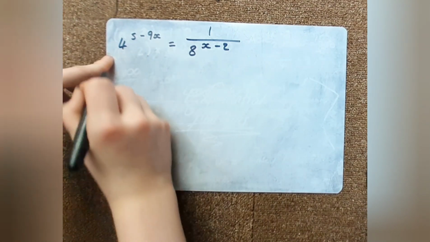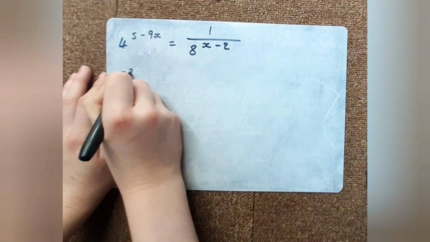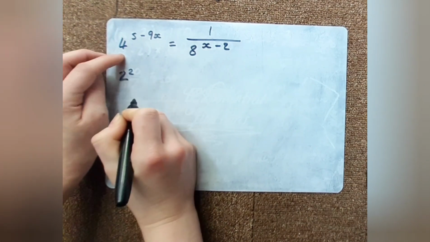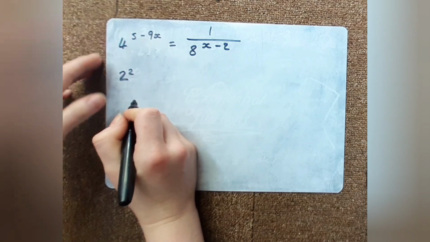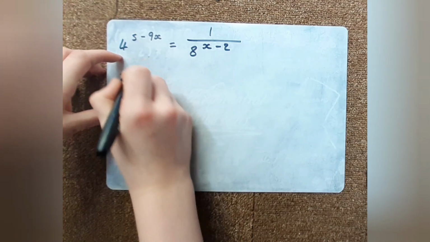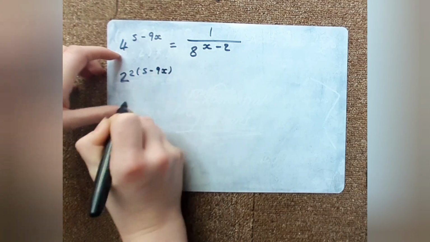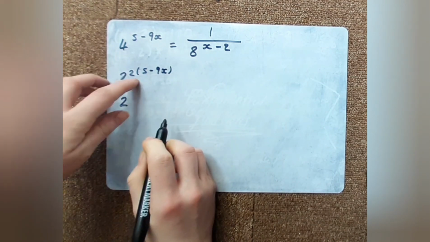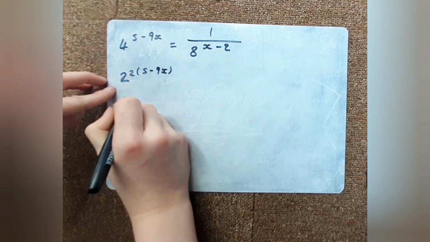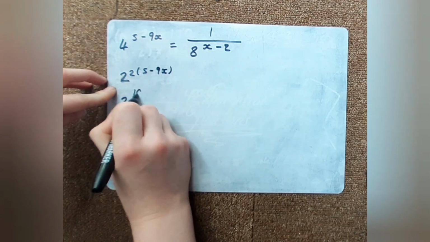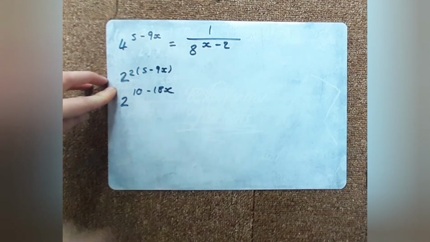So we can say that if 4 is equal to 2 squared, we can say 4 to the power of 5 minus 9x is 2 squared to the power of 5 minus 9x. And then we can expand these brackets here to say 2 to the power of 10 minus 18x.